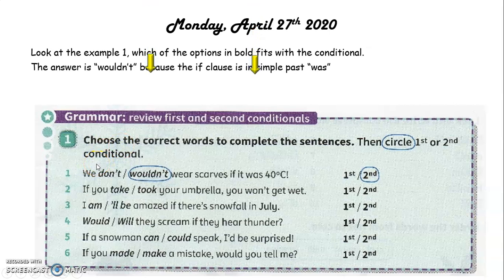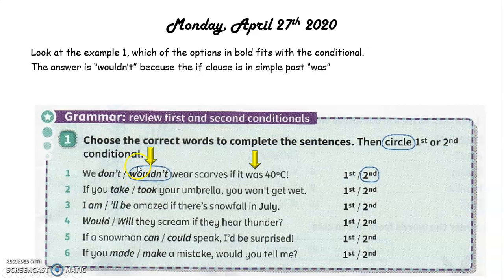Well, on one side of the clauses, in the if clause, we have simple past. We have the was. So what do we need on the other side? When we have past in the if clause, what is the correct option? Simple present, like here, or the modal wouldn't?